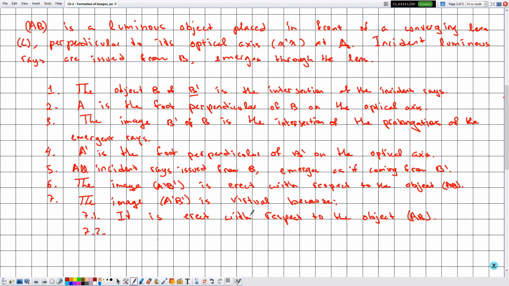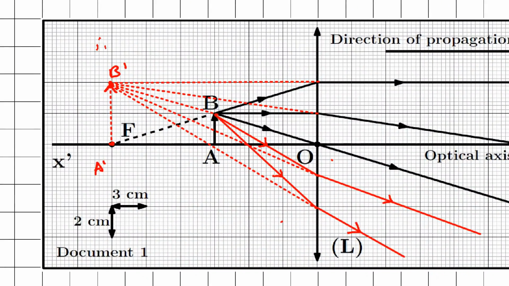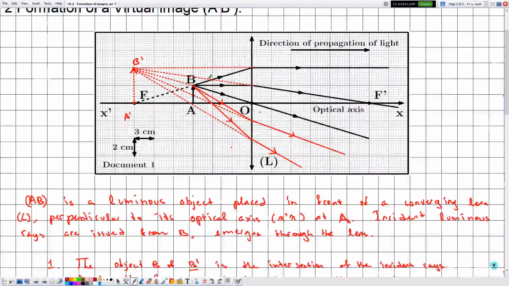And the second reason is that, notice that this side is set to be in front of the lens, and the object AB and the image A prime B prime are on the same side of the lens, which is in front of the lens, which means that the image is virtual.